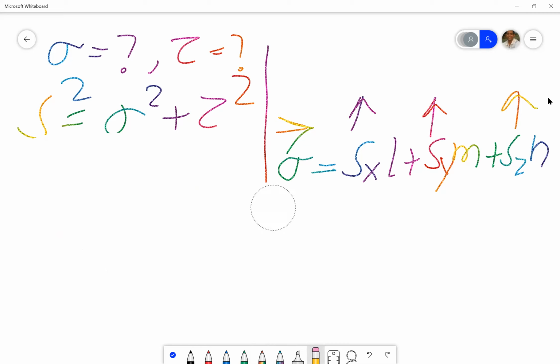Now put the values of equations 3, 4, 5 in this equation, which is equation number 6.